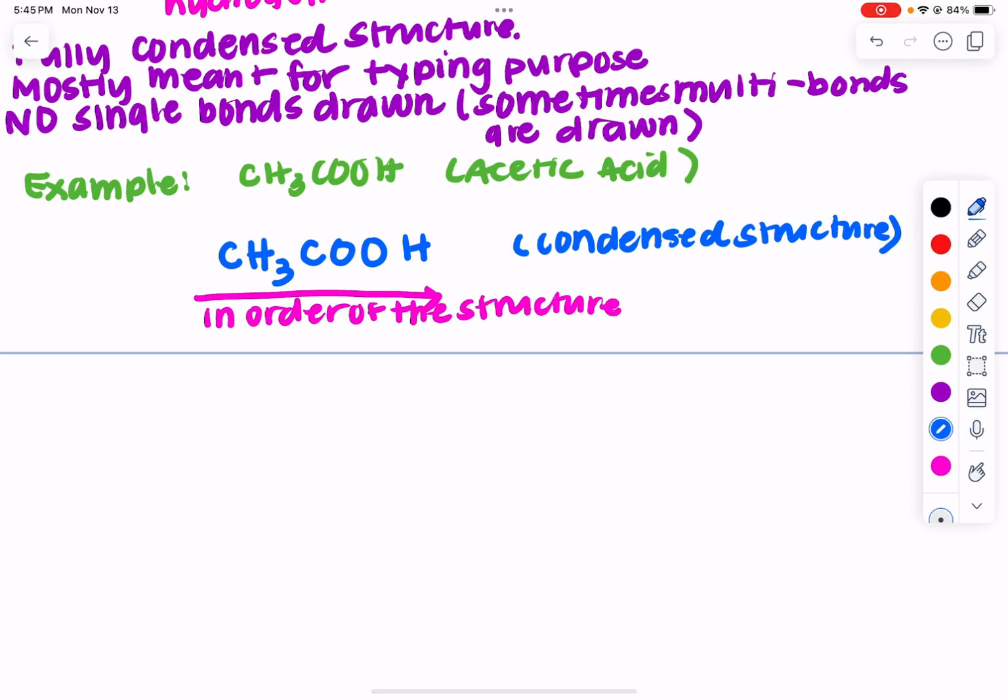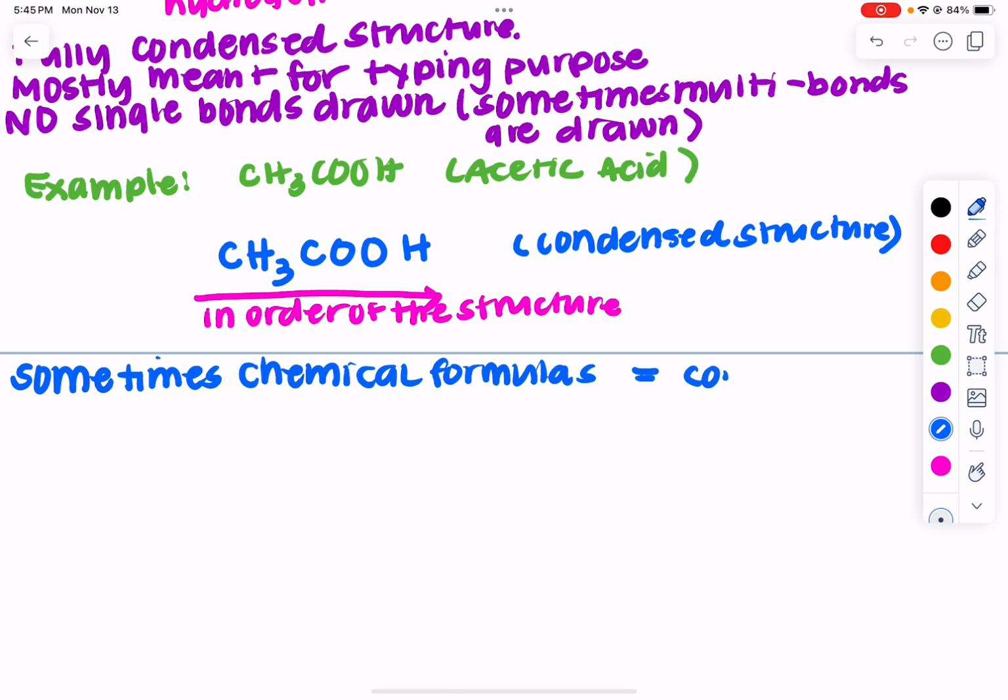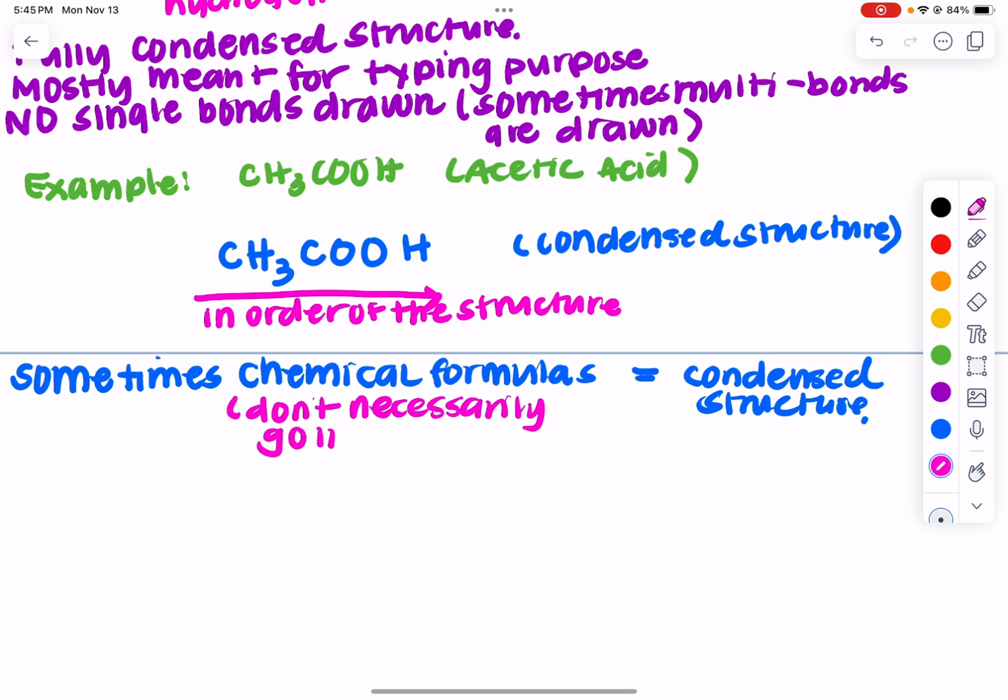And I would argue that more often than not, sometimes chemical formulas equal condensed structures. However, chemical formulas don't necessarily go in order of the structure.